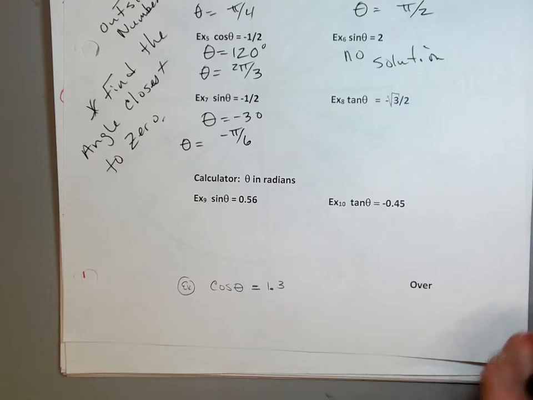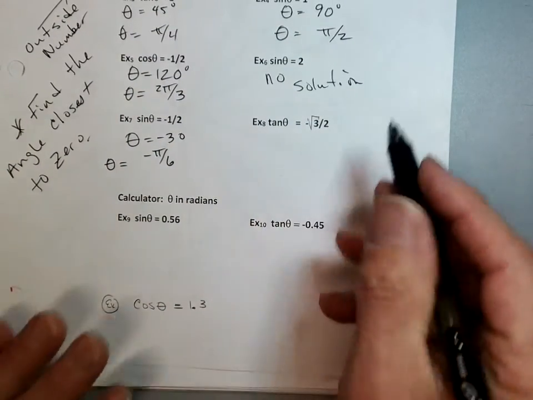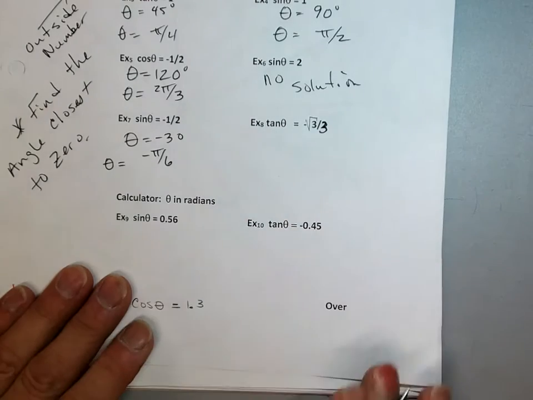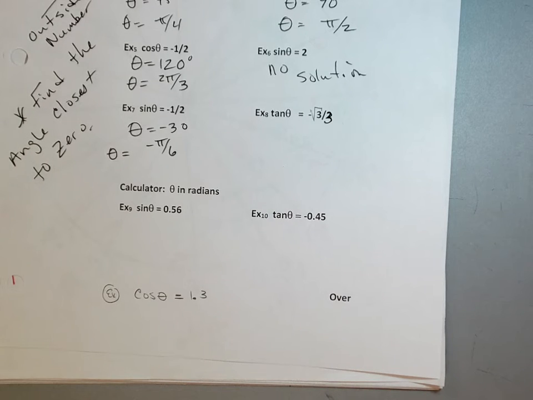Okay, tangent. That should be a 3. That's a mistake. That'd be negative square root of 3 over 3. Change that, please. That is a mistake on my part. So, where do you see negative square root of 3 over 3 for tangent? Remember, it's the outside values. Autumn already found it. She said negative 30.